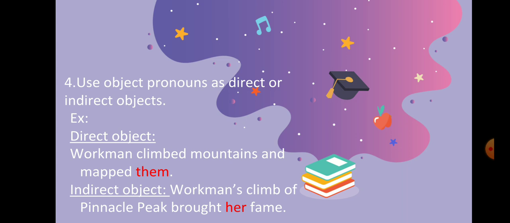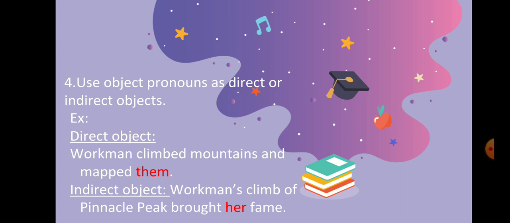Workmen climb mountains and map them. Look for the verb climbed, okay? What did workmen climb? Climbed what? Them, and that is that direct object. And that direct object, which is a pronoun, it's called an object pronoun, which is in the predicate part of the sentence. The second one is an indirect object.